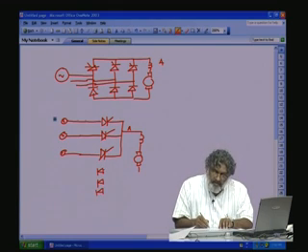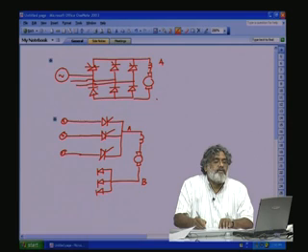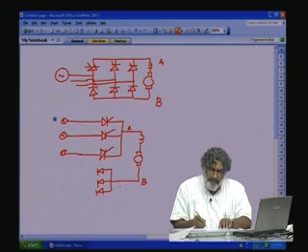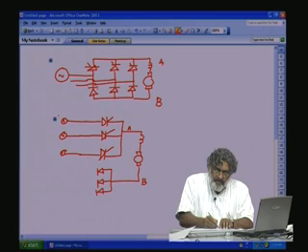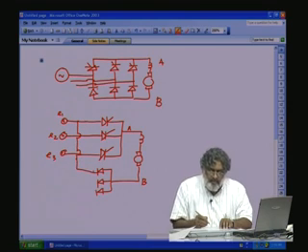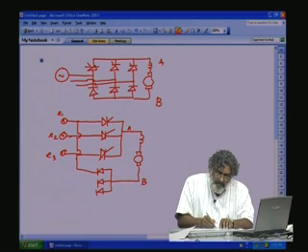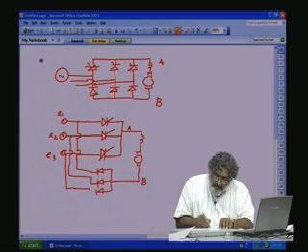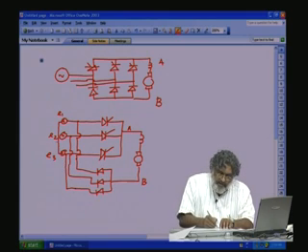Here, this point will go here, this is called B, this is also B, E1, E2, E3. Okay. This is our neutral point.